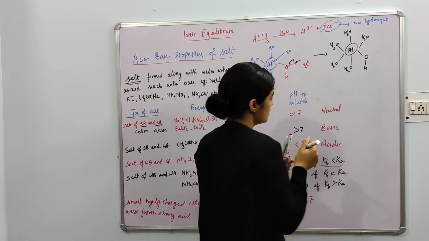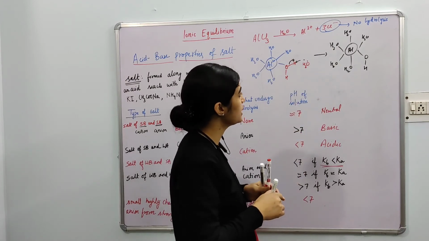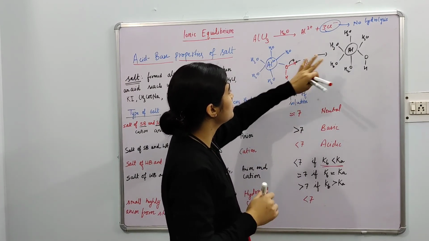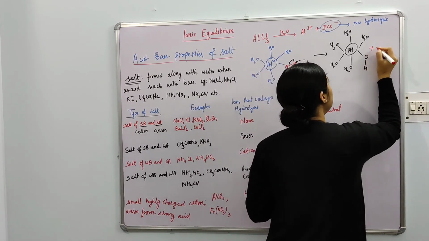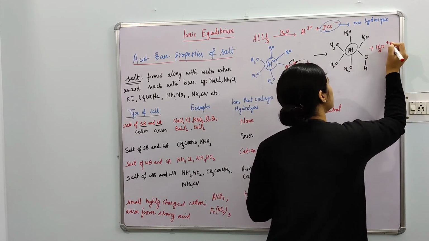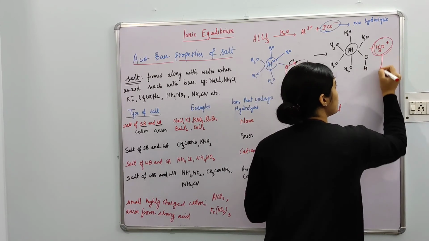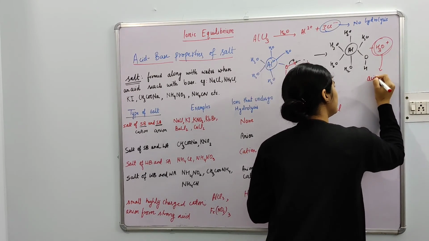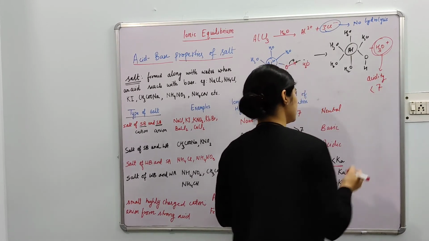This happens because it's a positively charged species and it will try to neutralize itself, so it will lose a proton here, and after losing the proton, this water molecule will become H3O positive, and since H3O positive contributes to the acidity of the solution, your pH will be less than 7 in this case.